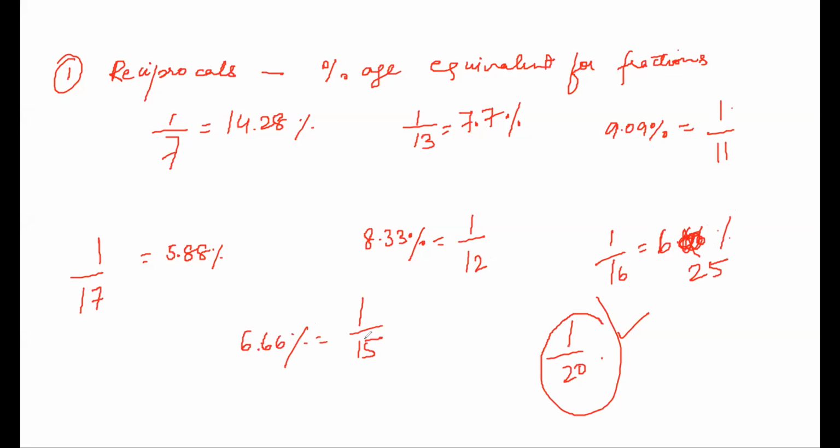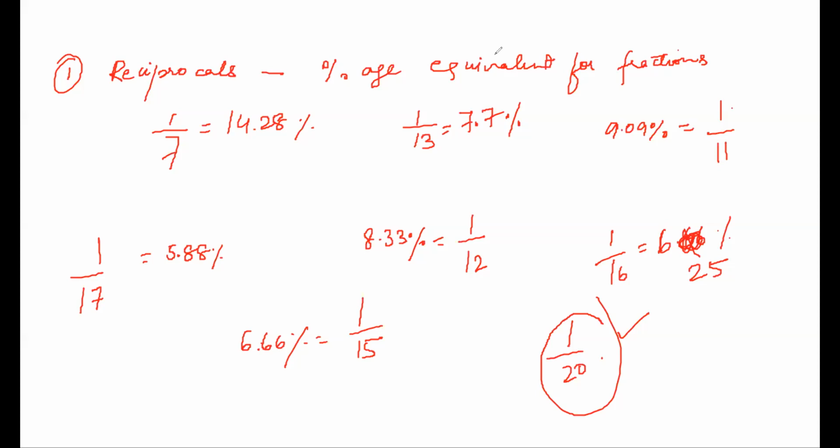Since you guys are saying you are already aware of this, let's move on to the next concept. This is something that will help you a lot in quant as well as DI for calculation, so be thoroughly prepared with this. Now, how to check whether you are well prepared with reciprocals or not?